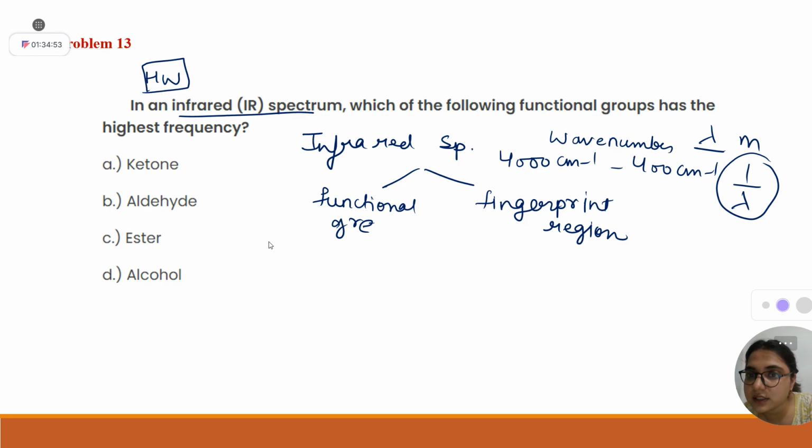IR is in the range of, and that is in order of wavelength. Your radio waves have least wavelength or highest wavelength? Least wavelength, ma'am. Radio waves. Can anyone tell me the order after radio waves?